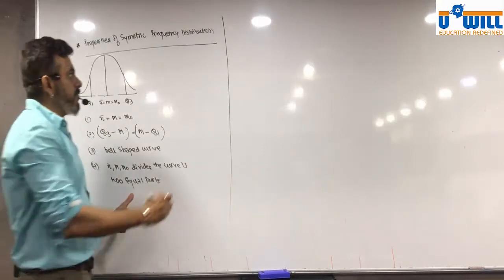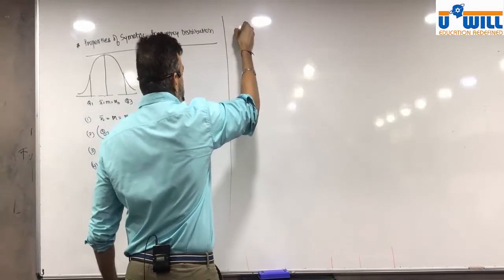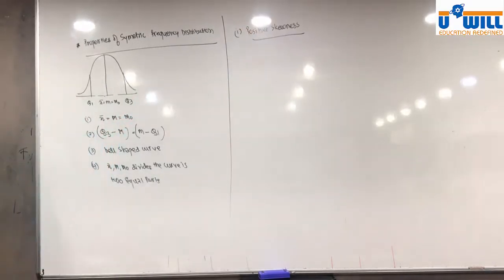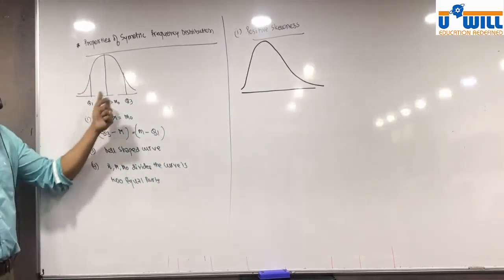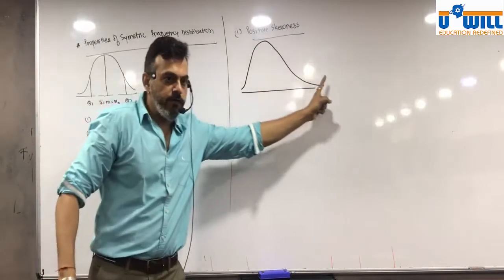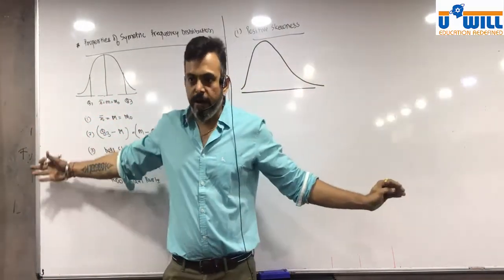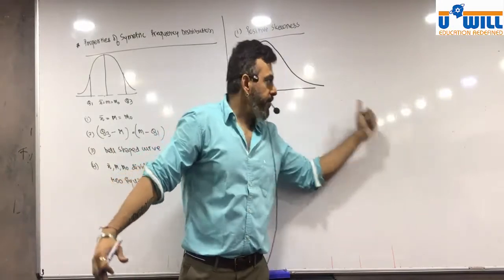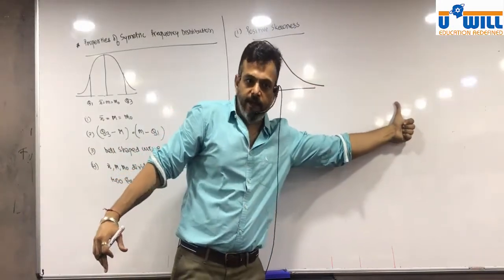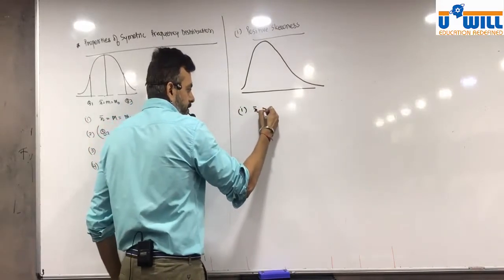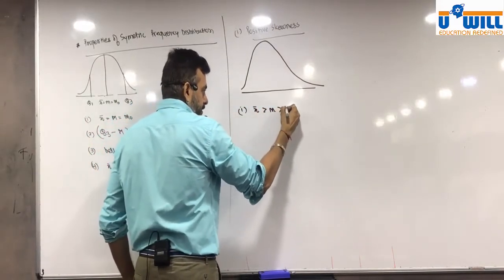What type of skewness are we going to study? First is positive skewness. Now, what is positive skewness? Pay attention please. This type of a curve is a positive skewness. You know number line. This side is negative and this side is positive. So it moves towards this side. Now over here, first is x bar greater than m greater than mode.